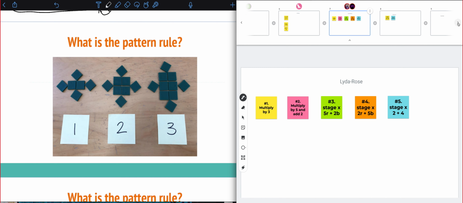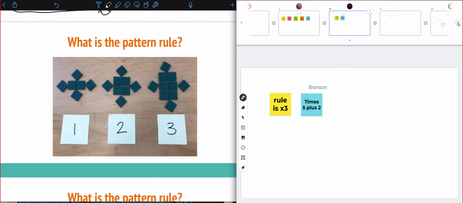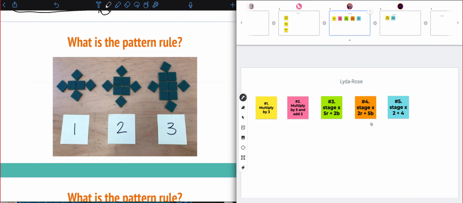Lida, that looks pretty good too. Just watch what you're putting in the stage. Oh, I see. Never mind. You're okay. It's the sticky. That's funny.